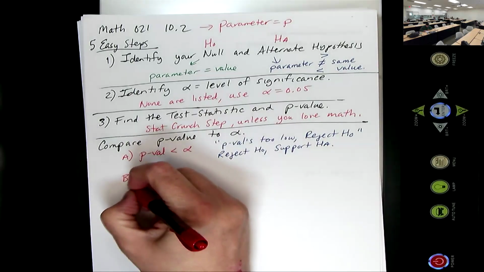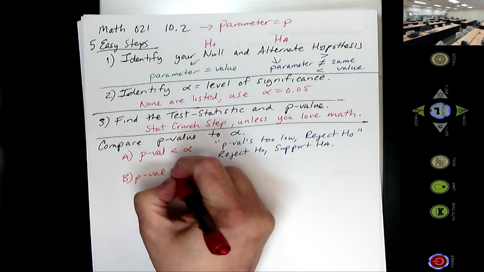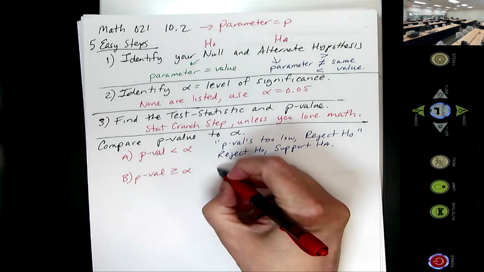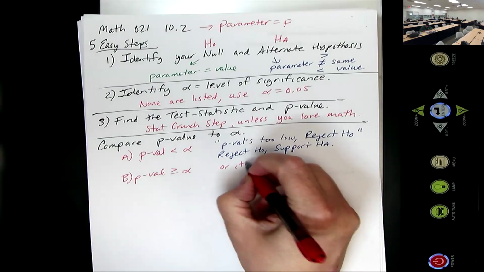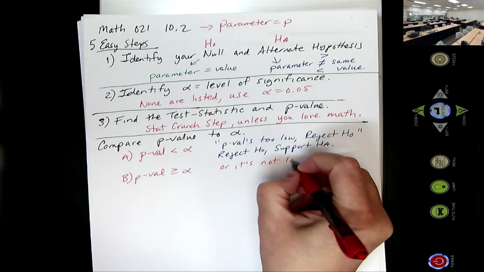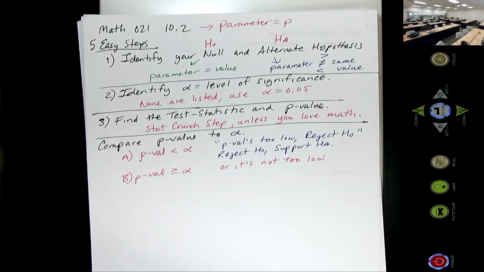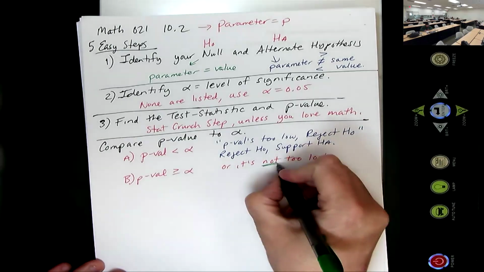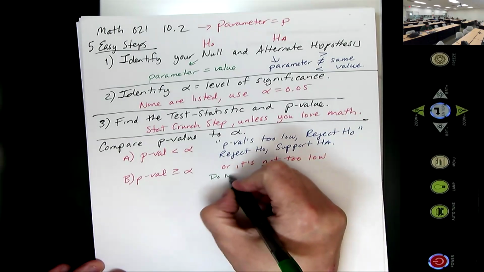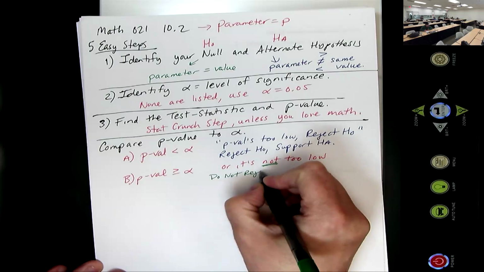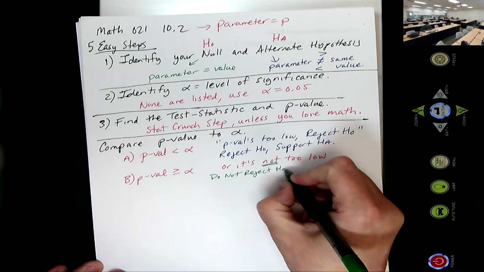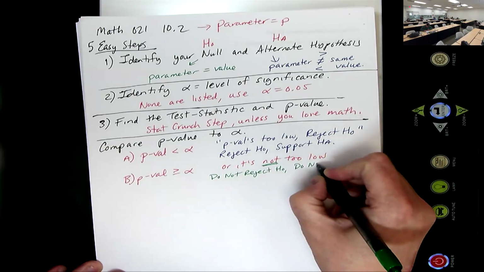The other scenario is the p-value is greater than or equal to alpha, or it's not too low. This leads us to the case of our nots. Do not reject H naught. Do not support HA.